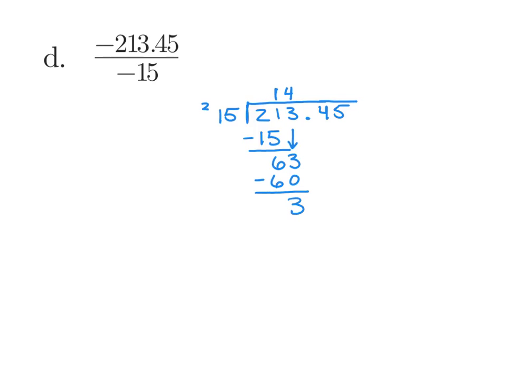All right. Let's go ahead and continue with our division. So our next step is we bring down the 4. How many times does 15 go into 34? We should get 2. 2 times 15 is 30.